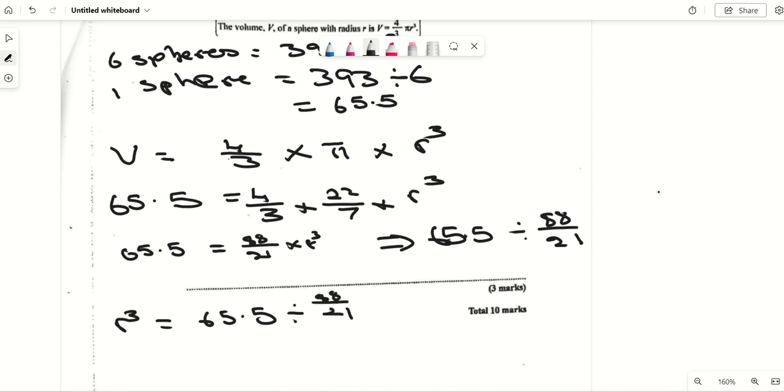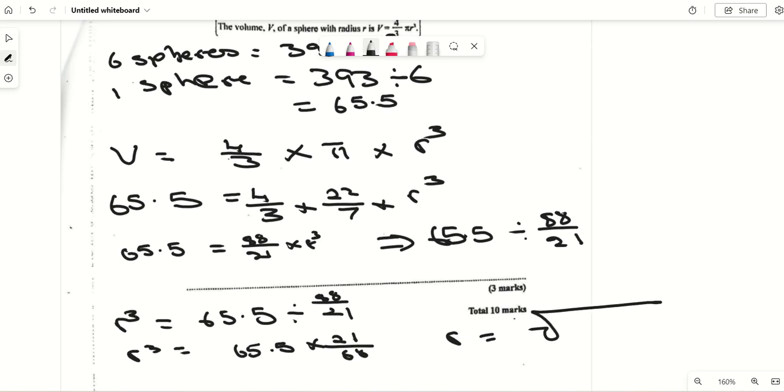Then we want to make r the subject, so we carry across the cube, which becomes the cube root.